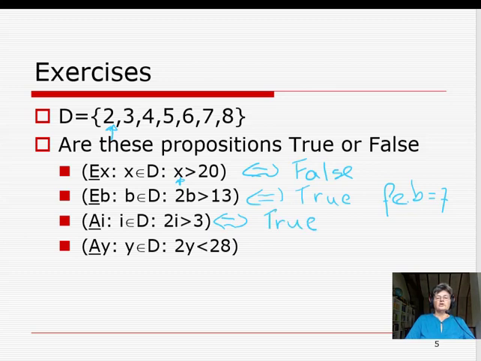So this is true. Then the last one, for all elements y coming from this domain again, 2y is smaller than 28. Okay, it's the opposite of the third one. Now check the largest. The largest is 8, and 2 times 8 is 16. That's already smaller than 28. So all the others will be smaller as well.